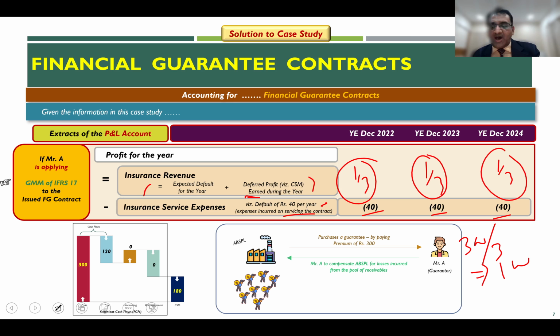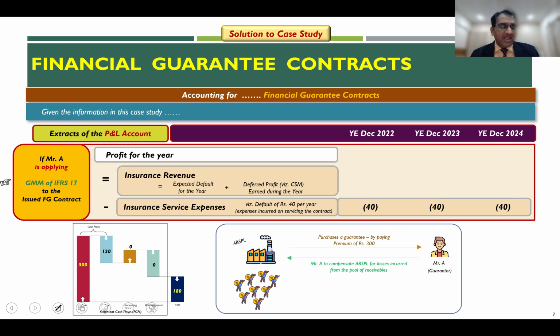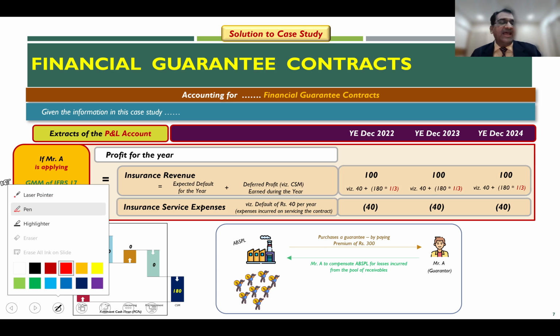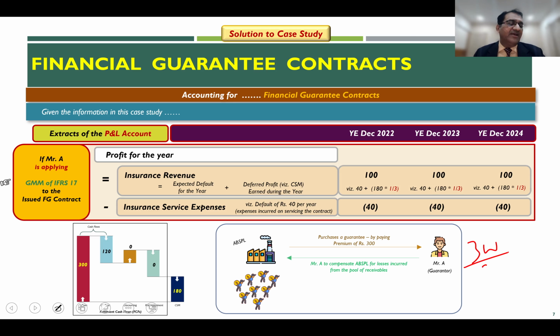Therefore, in this case, the revenue will be 100, which is logically also 300 rupees divided by 3, because the case study says on a straight-line basis revenue needs to be recognized. But this is computed as 1/3 of the profit which you need to recognize for year number 1 plus the expected default of 40. This gives 100.